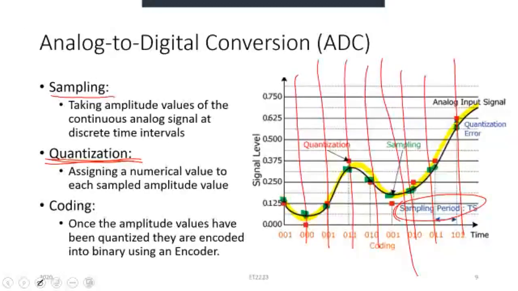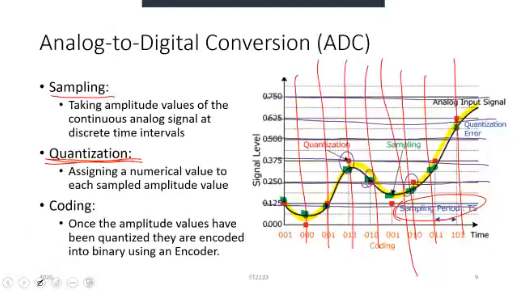For quantizing, we have a fixed amount of possible values, and whatever the analog observation is will have to be rounded to the nearest quantizable value.